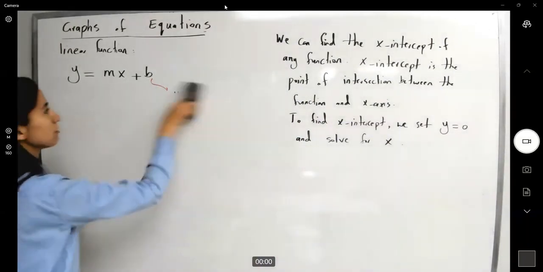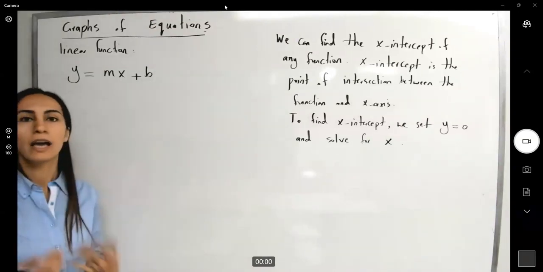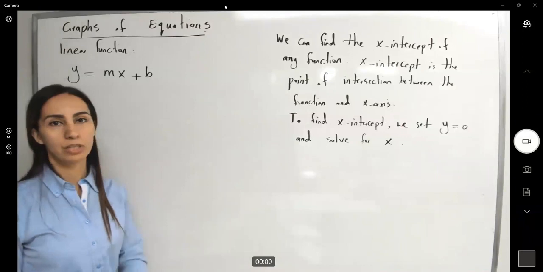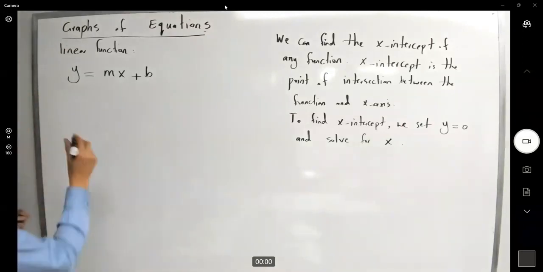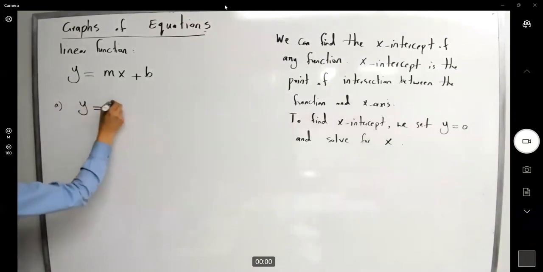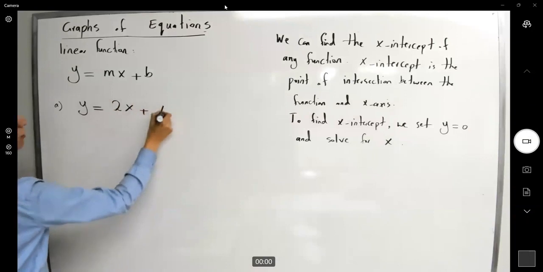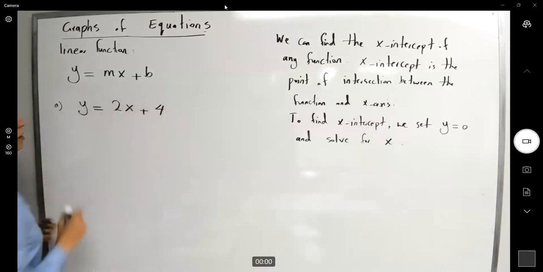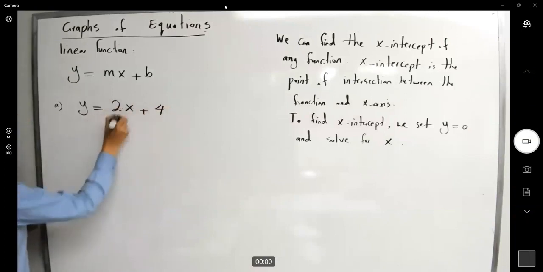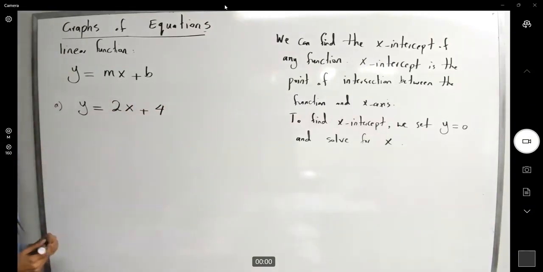We have a linear function, all right? You're interested in finding the x-intercept for the linear function. Let us go over a couple of examples. Suppose y is given as 2x plus 4. My goal is to find the x-intercept of this function.